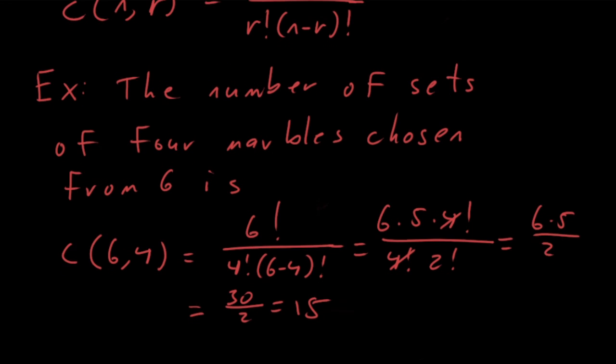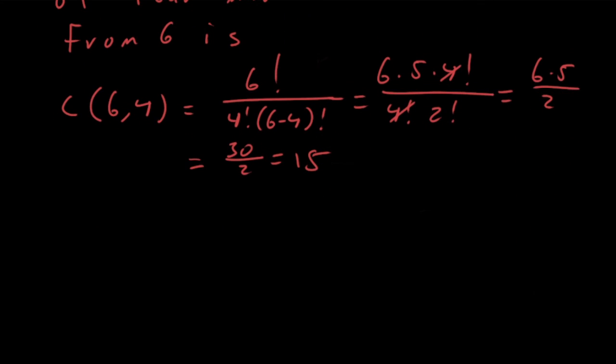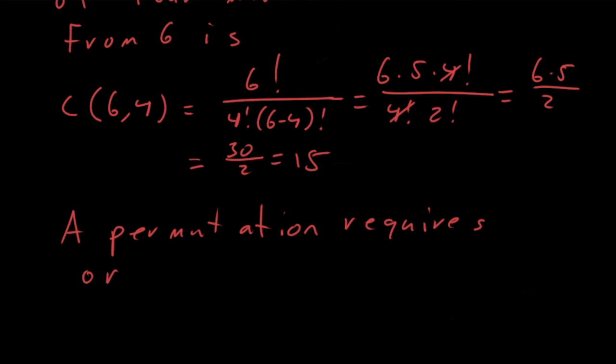Okay, so let's write down one more thing. So a permutation requires order. Okay, so it requires an order if it has a term sequence, list, etc. They're talking about permutations.